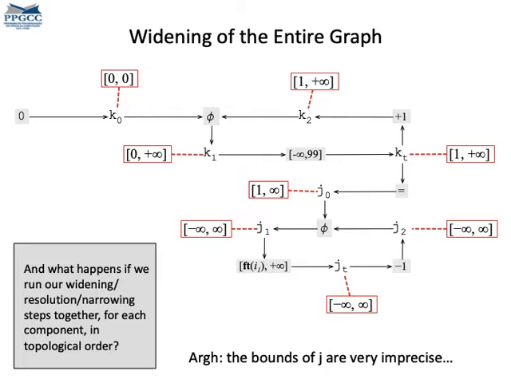This is before narrowing, actually. The problem is that once we reach the component of variable j, down here, we are propagating very loose intervals to j0. j0 will be 1 plus infinite. And that causes the other variables to be bound to the most imprecise interval, which goes from minus infinite to plus infinite.